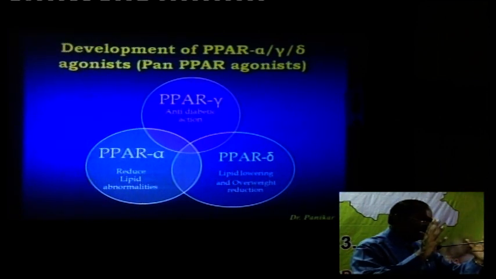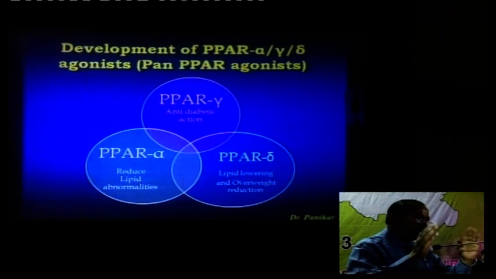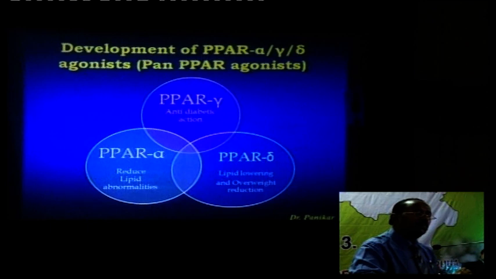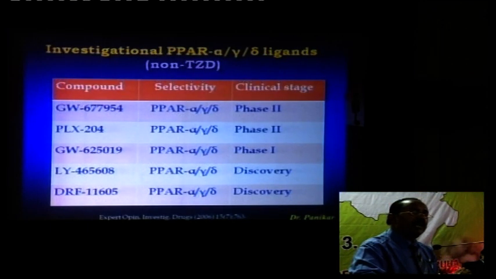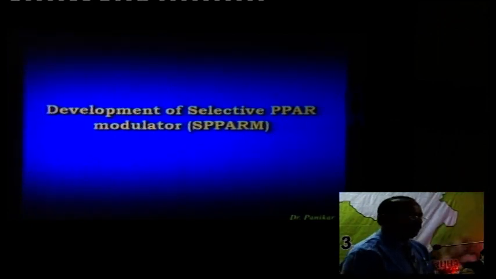So if you have a molecule like this which has pan-PPAR agonism, it could be beneficial from all aspects. And there are many of these triple PPAR agonists in the pipeline. There is a further development of what is known as a selective PPAR modulator, which is a SPAM.